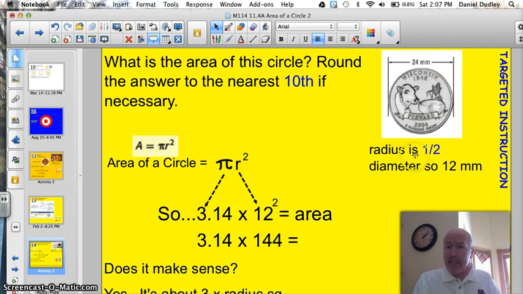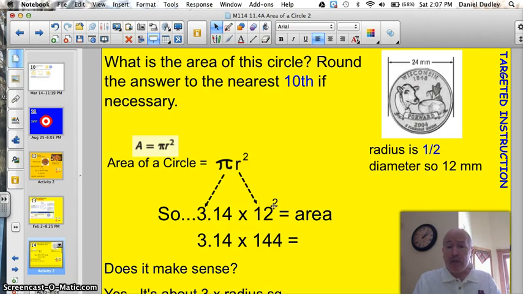That means the radius is half the diameter, or 12 millimeters. Now we just have to use our formula, area equals pi r squared. So here's pi, 3.14, times 12, which is the radius, squared.